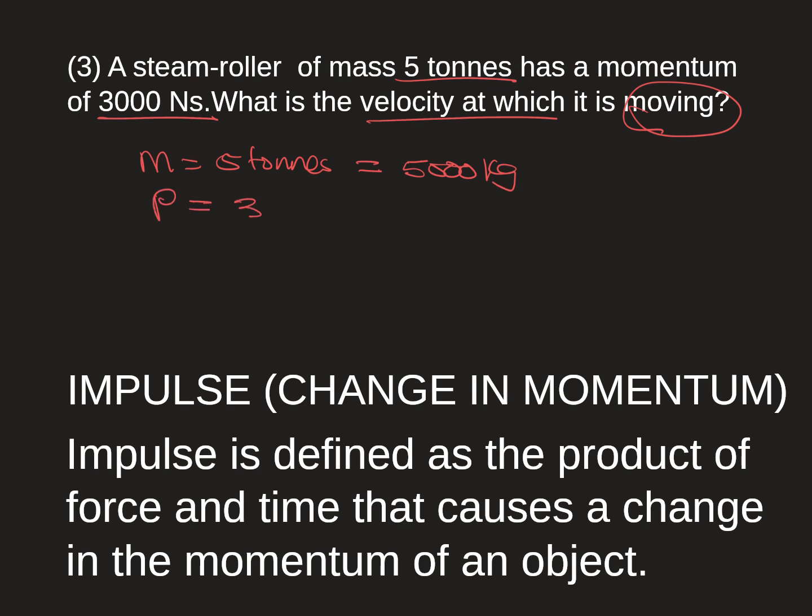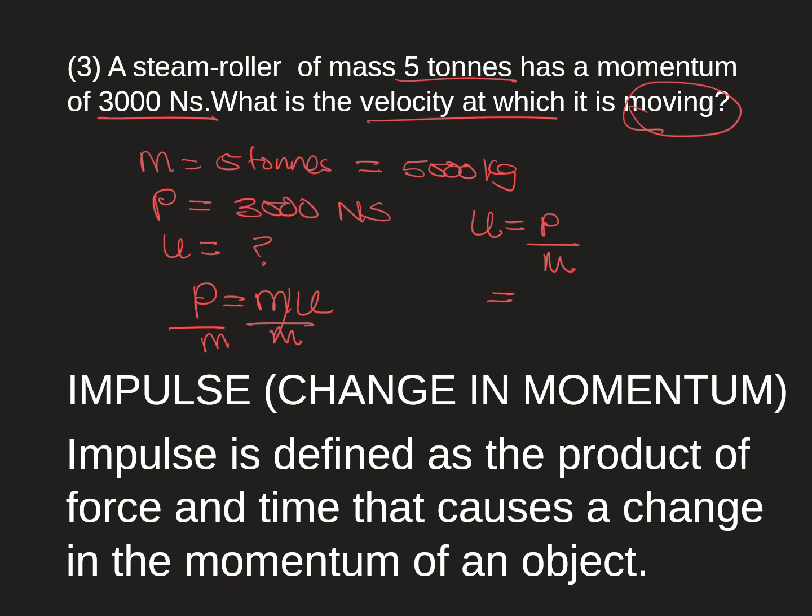Okay, the momentum is given here as 3000 Newton seconds. So we are asked to find the velocity at which it is moving. But we know that momentum P is mass times the velocity. So if we want to find the velocity, you divide both sides by m, and u, which is the velocity, will be momentum divided by the mass.